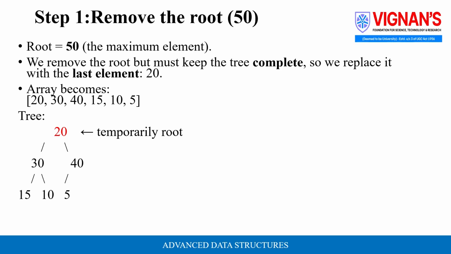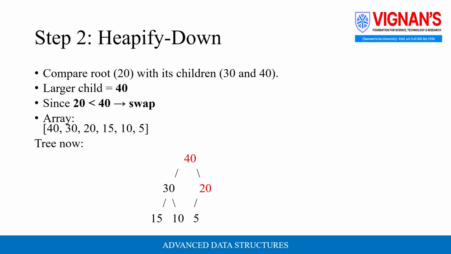Tree: 20, with children 30 and 40, and below them 15, 10, 5. Now compare 20 with its children, 30 and 40. Larger child is 40. Since 20 is less than 40, we swap them. New array: 40, 30, 20, 15, 10, 5.